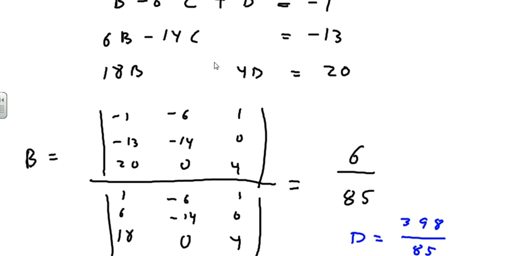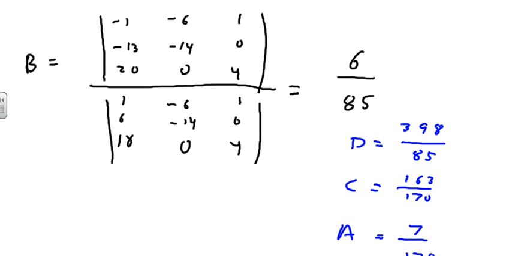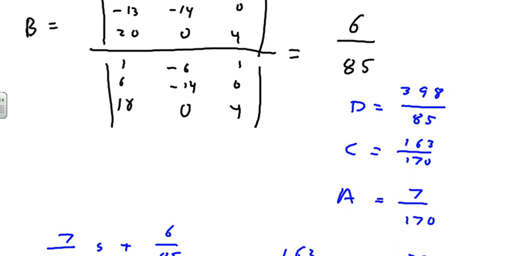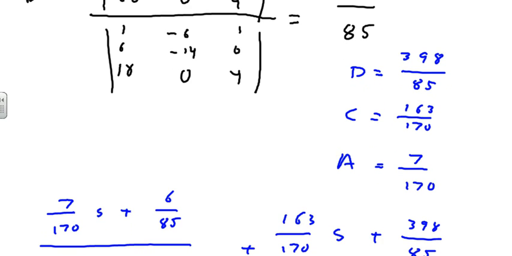I can then figure out what d is, and I find out that d is 398 over 85. And then with that I can solve for c, and then I can solve for a. And now I know each of those things. I normally keep them as fractions because decimals look funny when I do it that way.